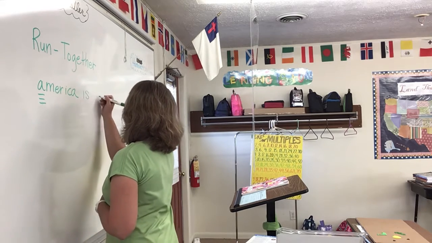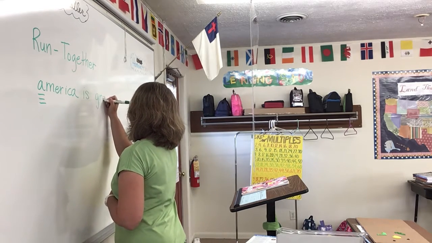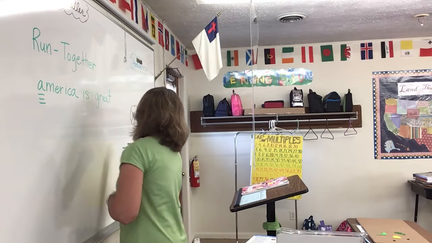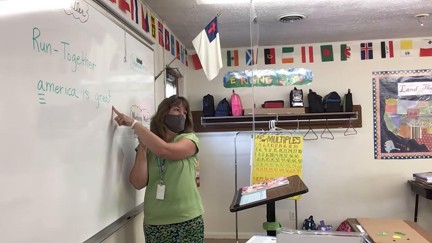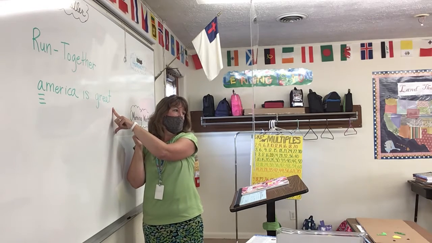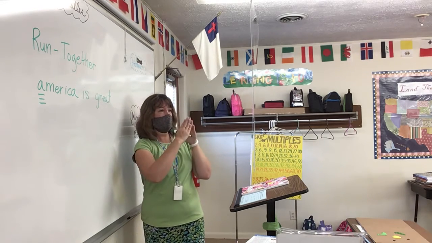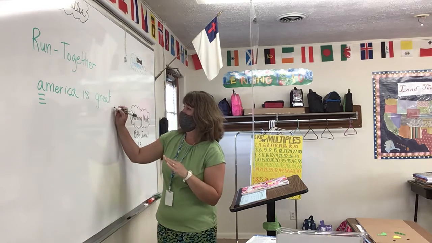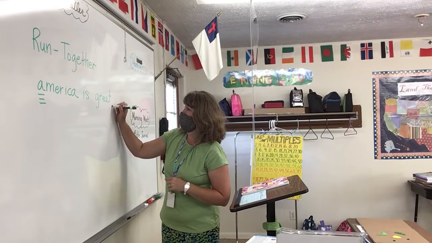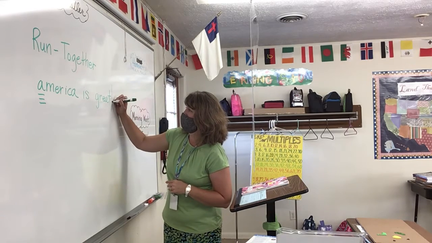And then if I write America is great, I need to insert an exclamation mark, what do I do? Draw an upside down cone, right? It's kind of like the top of an arrow. So it's pointing to where I need to put my punctuation.